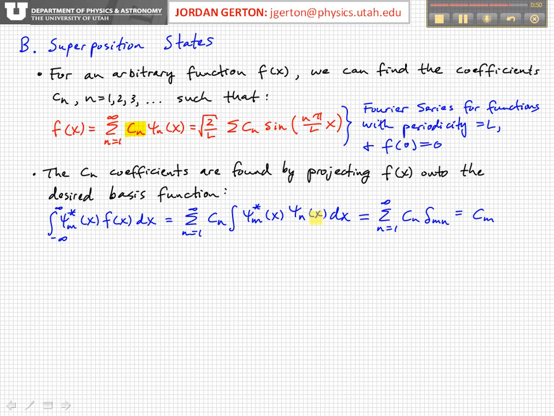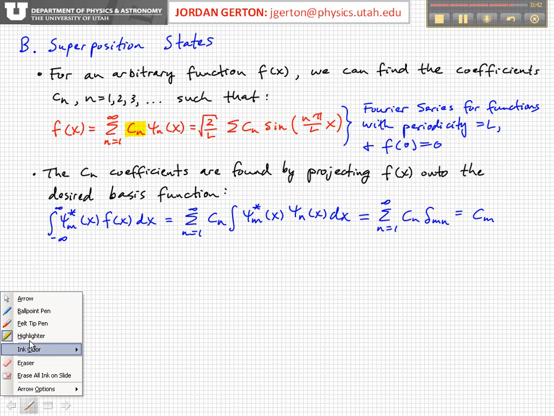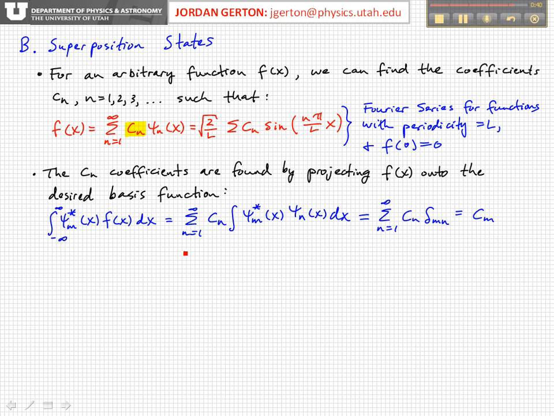And what we know then, as we've seen before, is that this product here, when integrated over all space, which goes from 0 to L now for the square well, gives us the Kronecker delta function, and then that multiplies the c sub n.